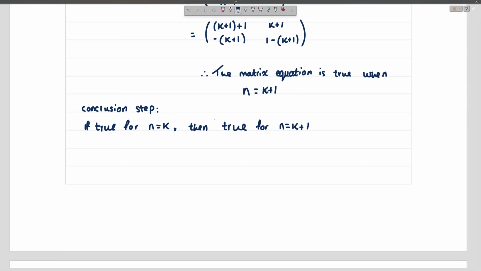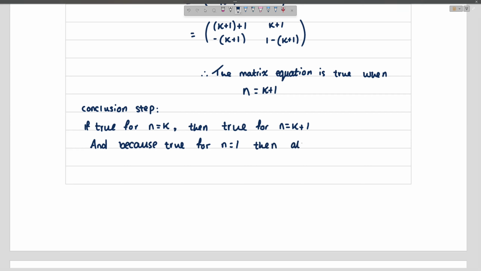And because it's true for n equals 1, then it's also true for all n belonging to the set of positive integers here by mathematical induction.